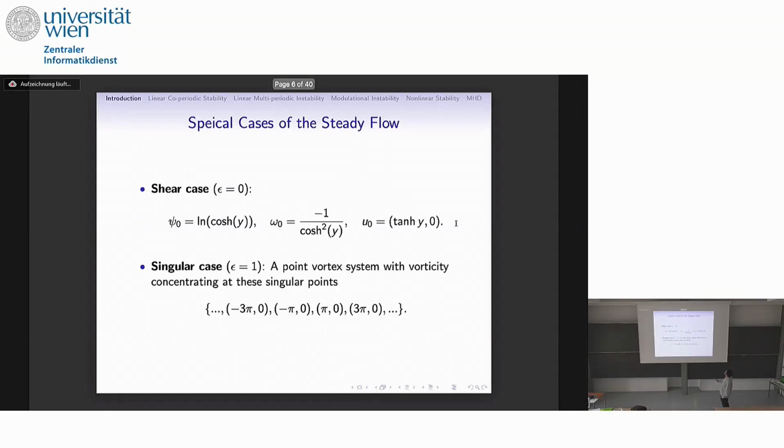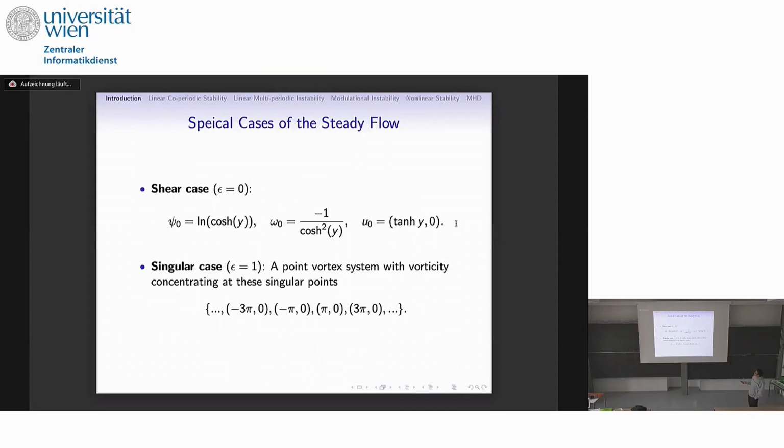Let's look at the two ends, when epsilon tends to 0 and when epsilon tends to 1. If you put epsilon equal 0, you'll get a shear flow. It has this kind of tanh y profile. It's called a mixing layer shear flow. When you let epsilon tend to 1, of course, we cannot put epsilon equal to 1 directly, but you can send epsilon to 1.